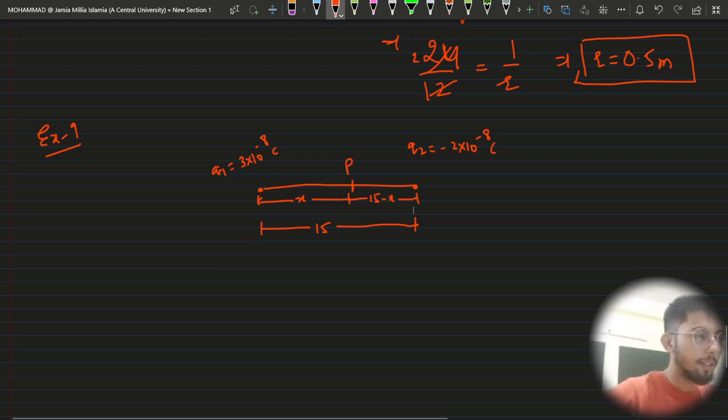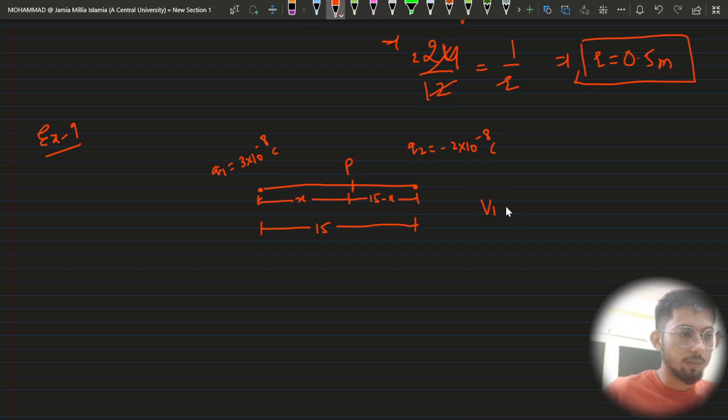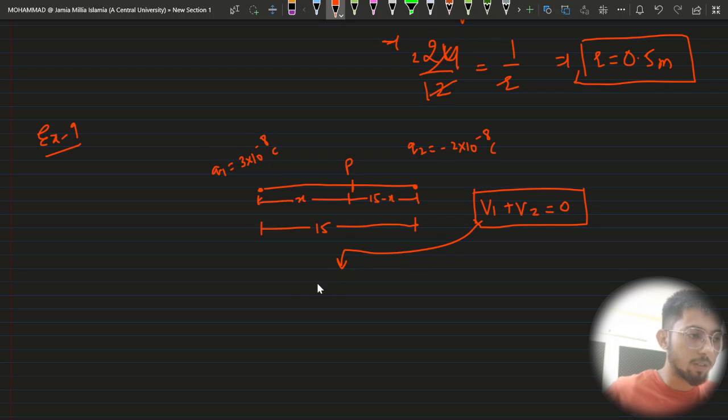Now when will the potential be 0? When the potential due to charge q1 at point P plus the potential due to q2 at point P sums up to 0, right? So it will happen when V1 plus V2 becomes 0 at point P. Now use this equation and substitute the values.